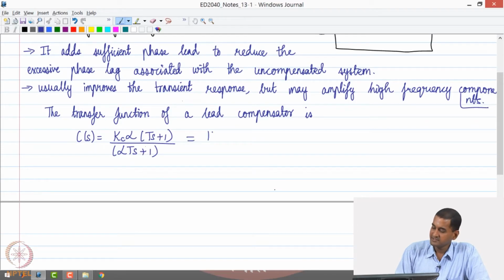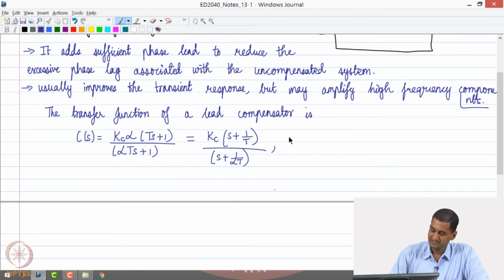This can be rewritten as Kc times (s plus 1/T) divided by (s plus 1/(alpha T)). So that is the structure of the lead compensator. Here alpha is a positive real number between 0 and 1, and of course T is greater than 0 and Kc is also greater than 0.